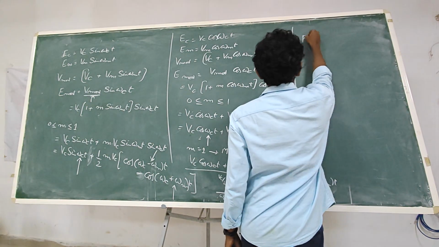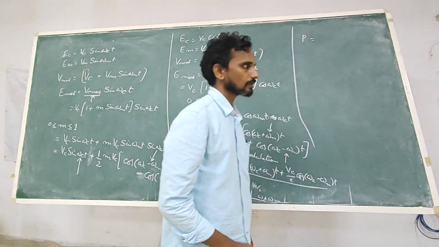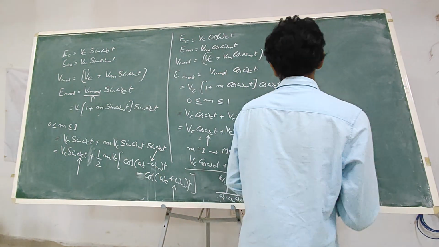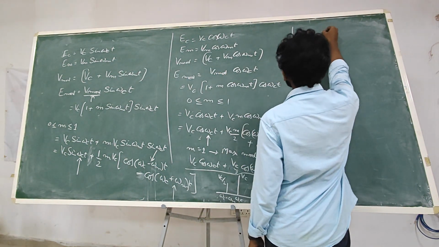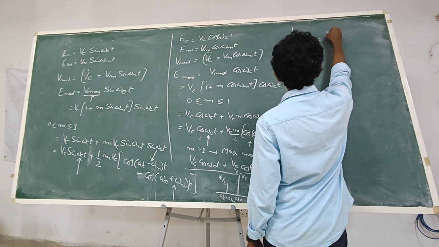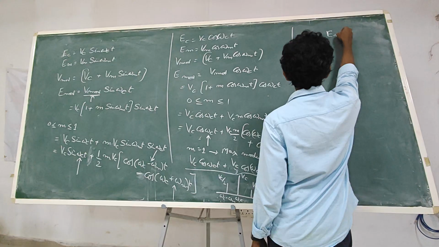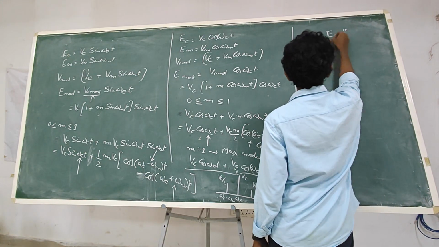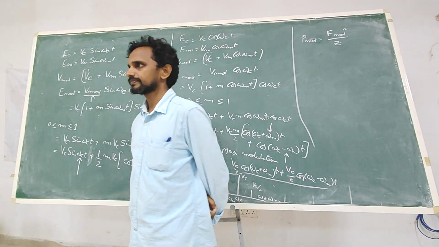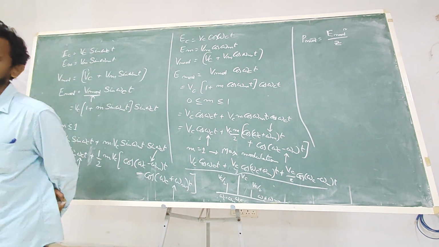Now comes the power. Power is given by voltage square by impedance.